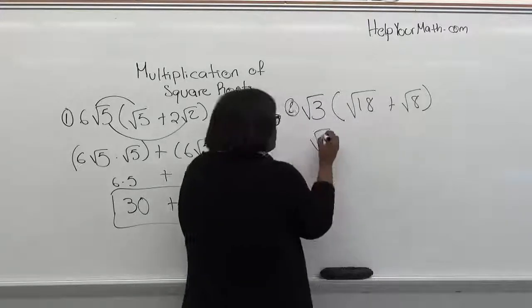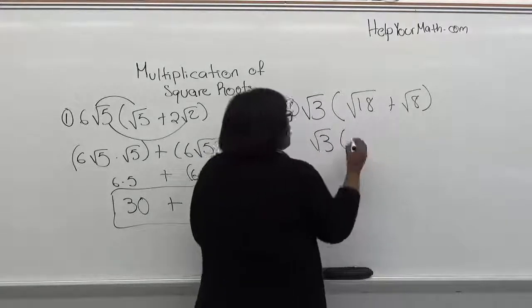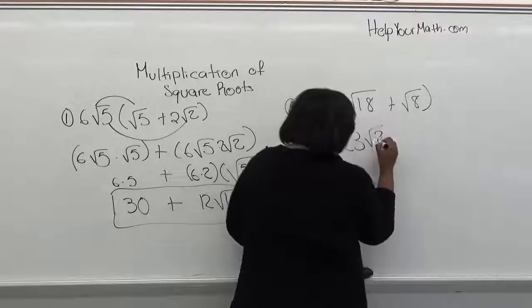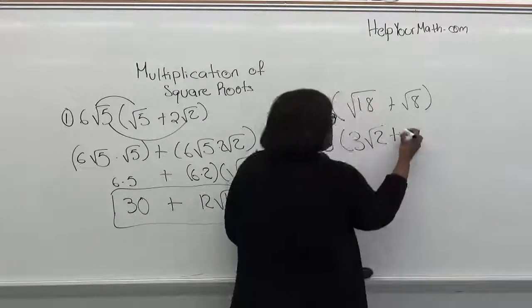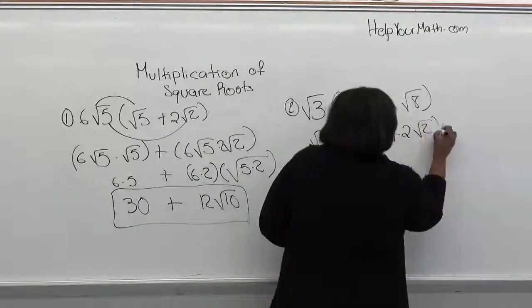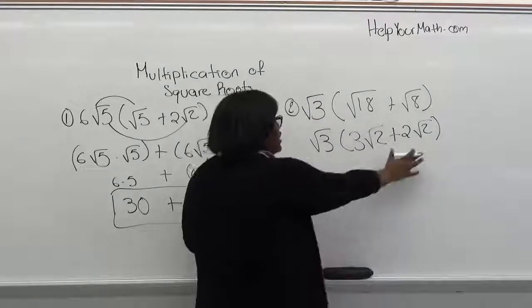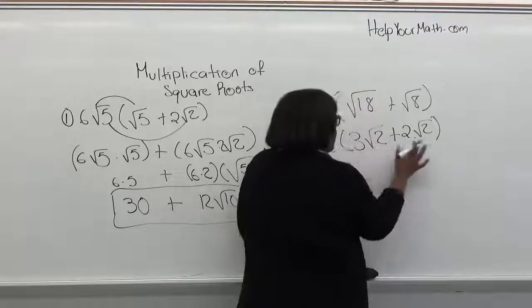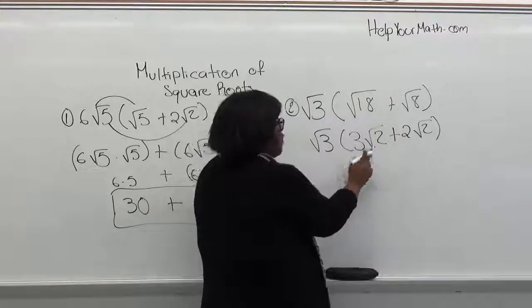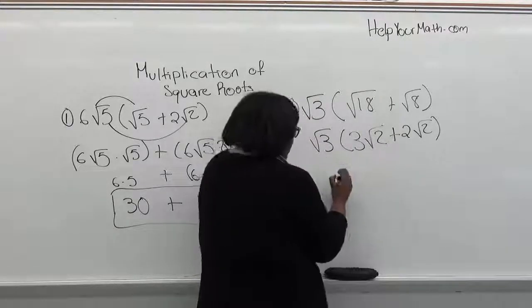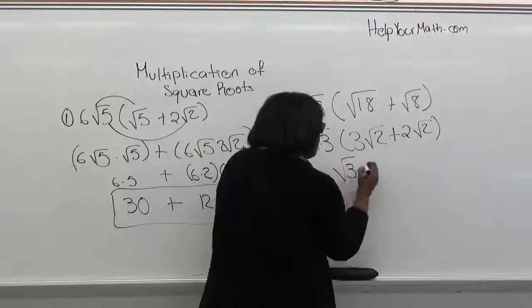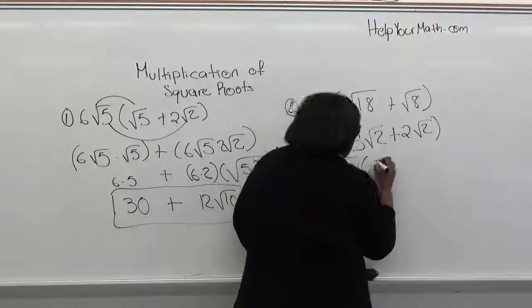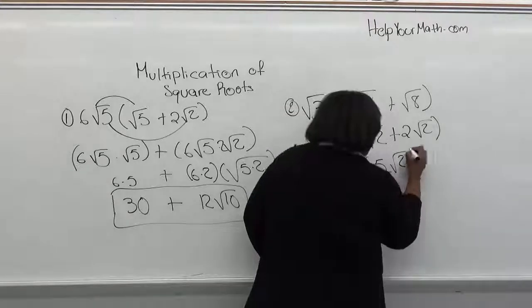So we're going to have radical 3 times (3 radical 2 plus 2 radical 2). As you can see, these two expressions have a common radical between them. They both have radical 2, so you can add their coefficients together. So you're going to have radical 3 times 5 radical 2.